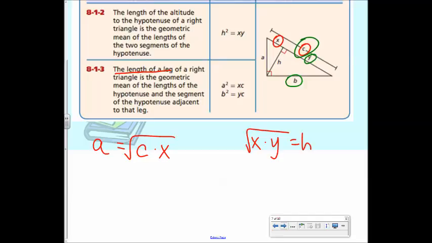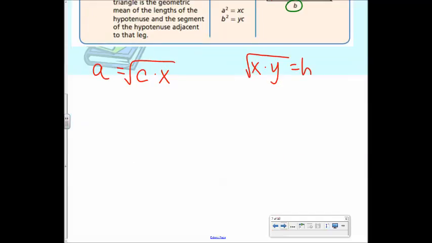Okay, so if I have this triangle, let's call this one A and this one B. And I know that this is 5 and this is 8. How could I find A?